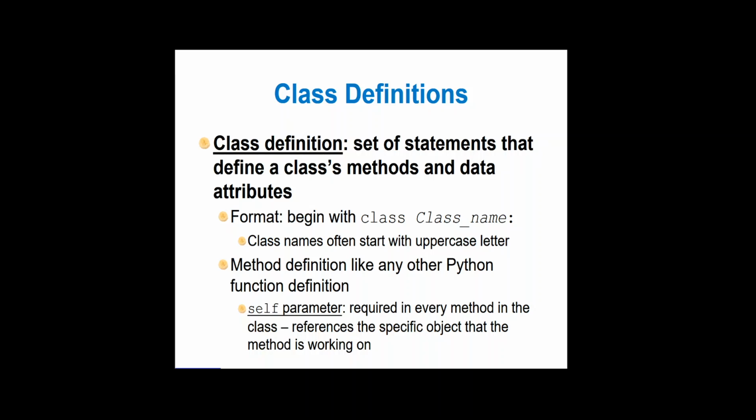A special method that starts or initiates the class when we instantiate an object from this class. So we have the constructor in Java, the first thing to be called when a class is instantiated. In Python, we have something we call an initializer. It's very similar to the constructor in Java.